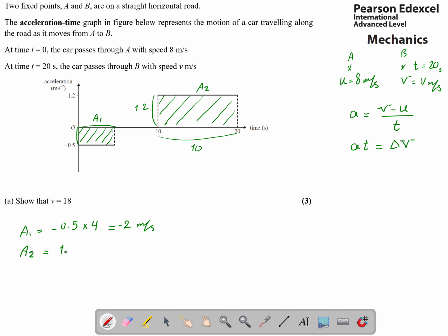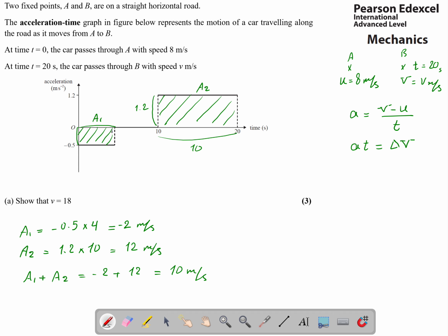So it will be 1.2 multiplied by 10, which is 12 meters per second. So the sum of these two will be our change in velocity. A1 plus A2 will be minus 2 plus 12 equals 10 meters per second.